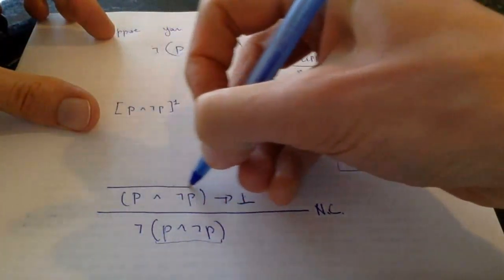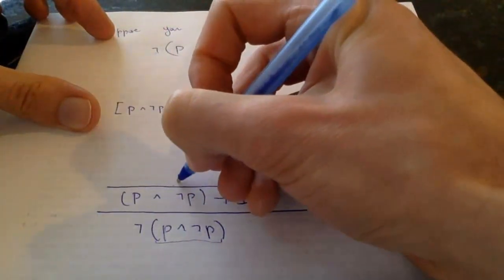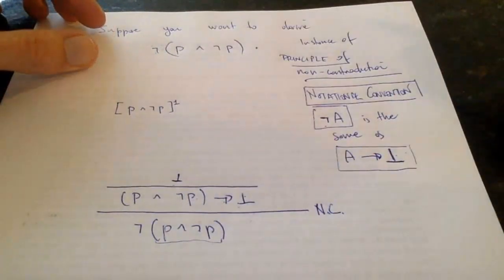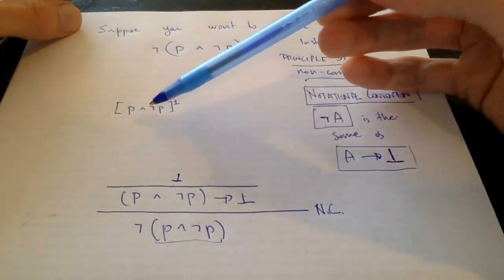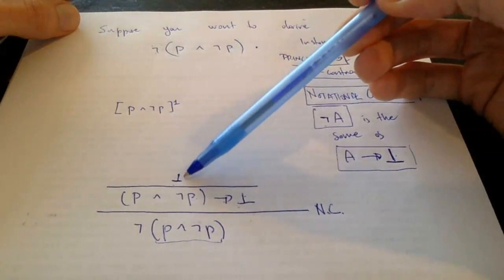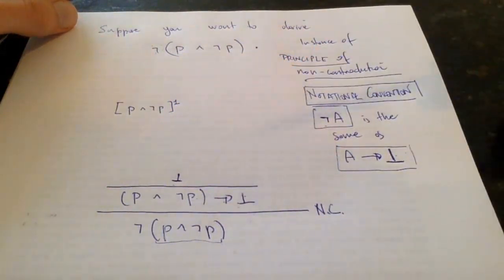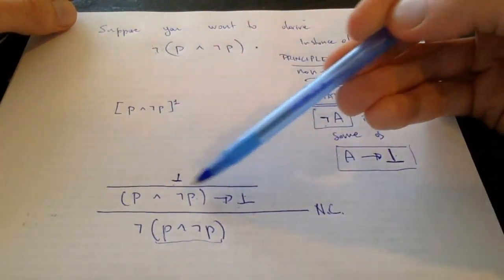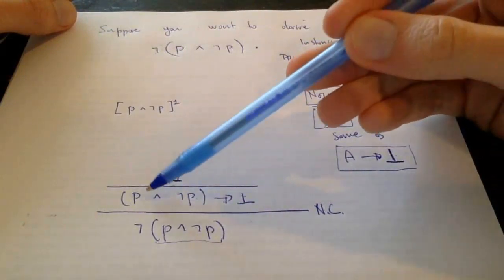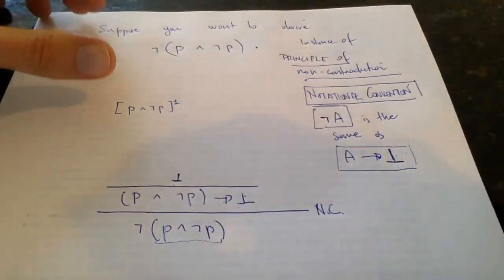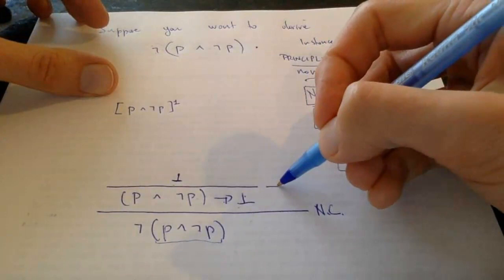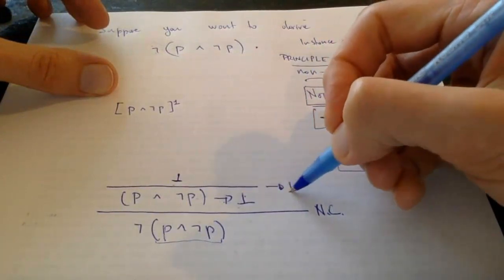So I'm going to write above contradiction. So the goal here is to get from this to this, and I can then write this P and not P implies a contradiction because of implication introduction.